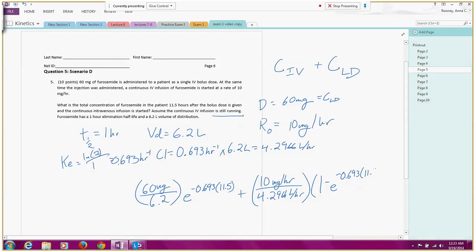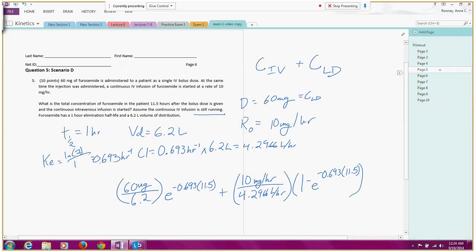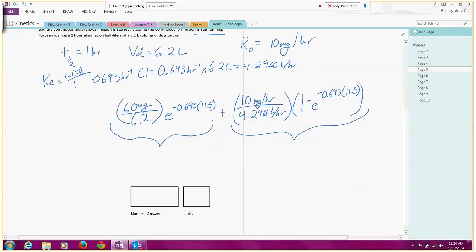The reason I'm just doing this anyway is because it is all written out here, and it's just easier for me mentally, even though it doesn't seem like it. So I would suggest entering each section of this separately so that you don't end up messing something up with a parentheses or something.